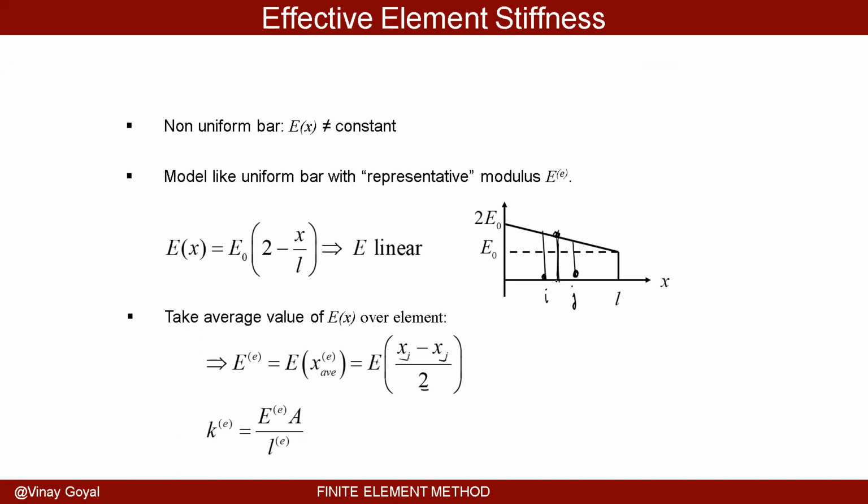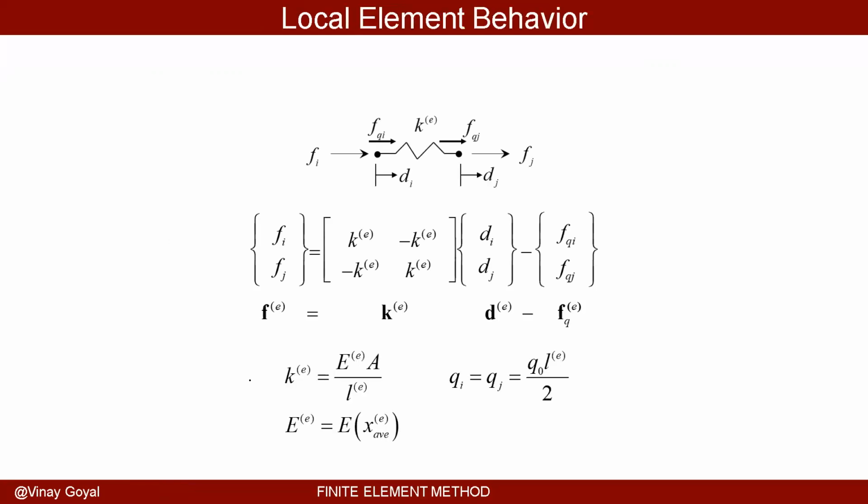E can be defined for every single element in that manner. So now I know everything. I know k for every single element, which can vary according to this formula. And I know the loads being applied, which I'm putting partly on this node and partly on this node because I have a distributed applied load externally.